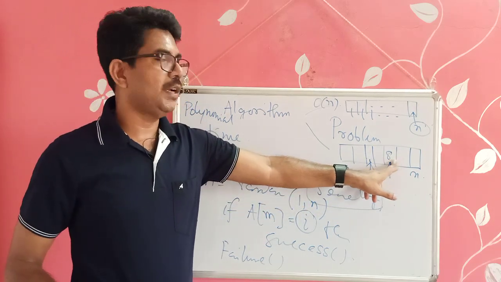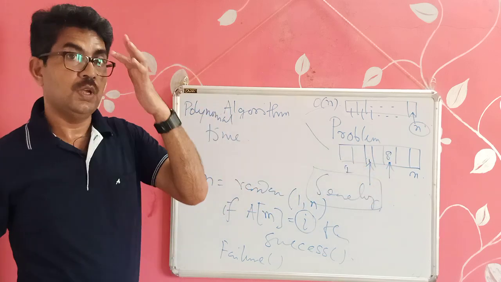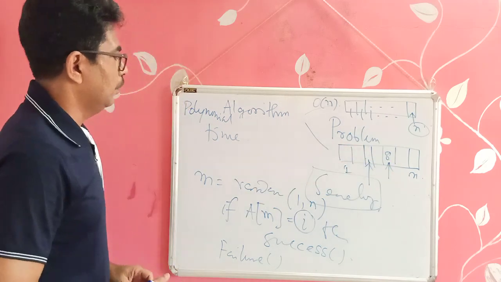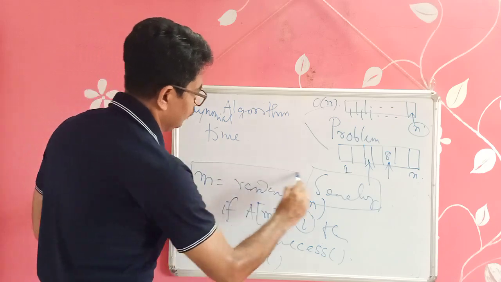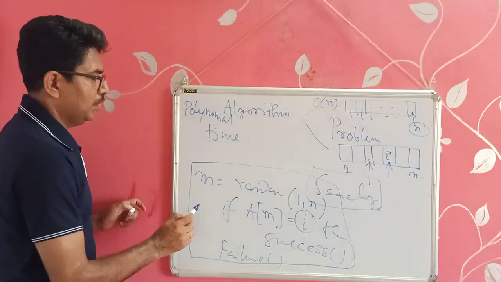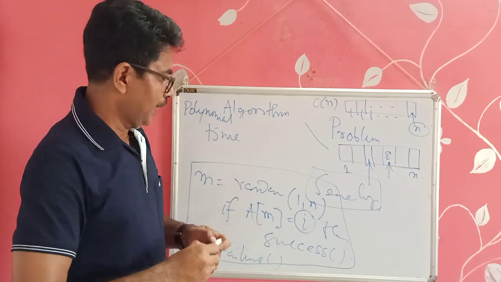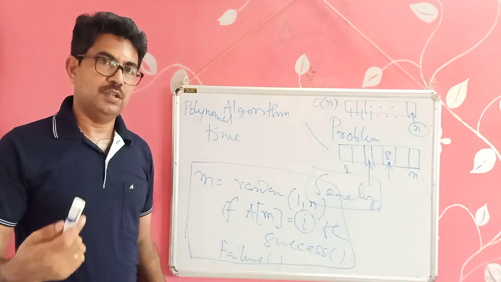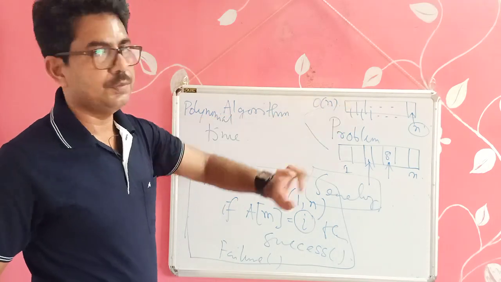Sometimes we may get the correct output, sometimes an incorrect output for the same problem and the same input instance. Therefore, we cannot always say that this kind of algorithm will give the correct solution. At the same time, we cannot say it will always give the incorrect solution, right? So here we have two different kinds of solution.